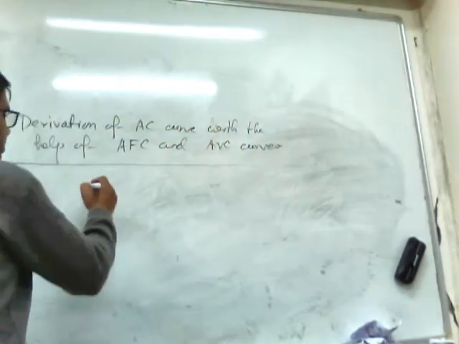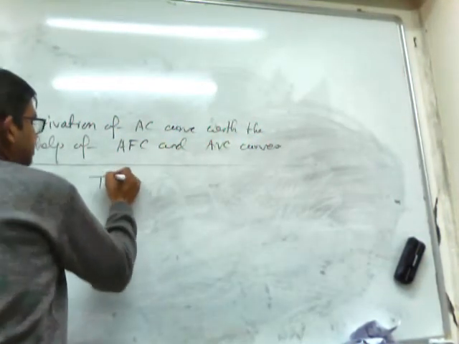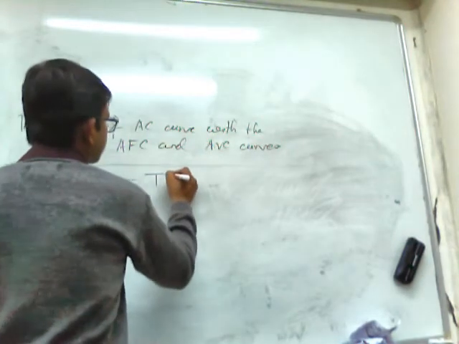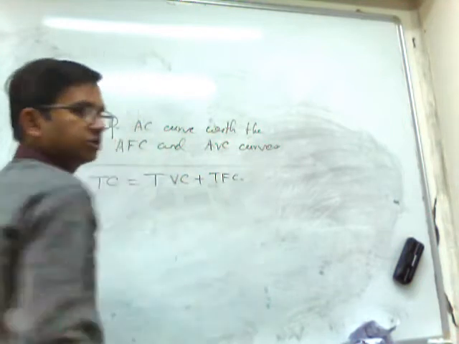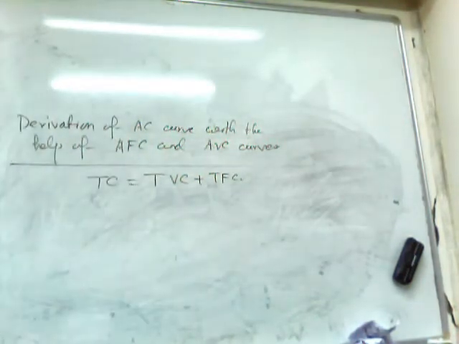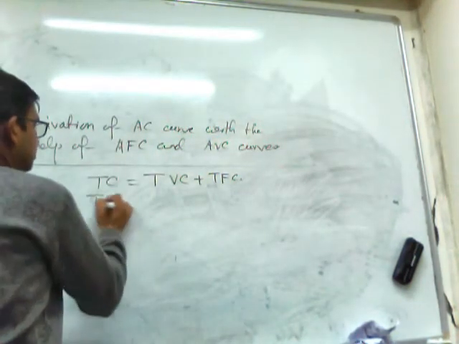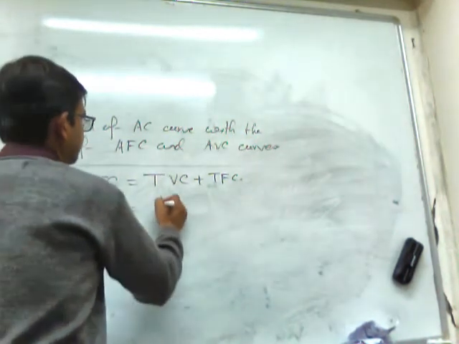So we know that in the short run, total cost equals total variable cost plus total fixed cost. So if we divide it by the level of output Y on both sides, what will we get?